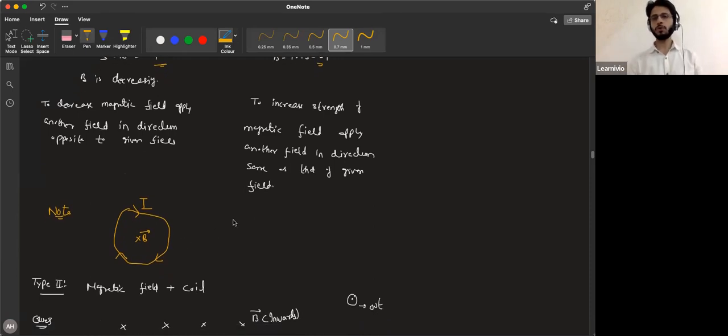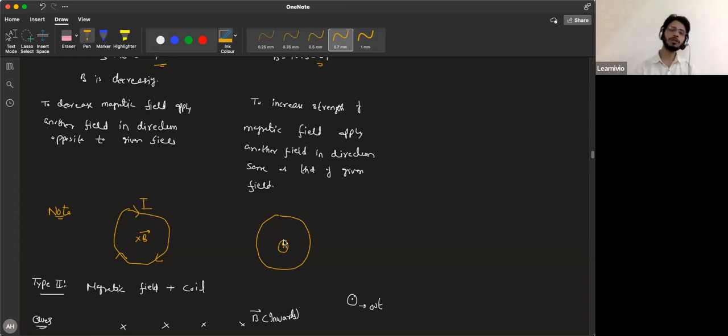Here, when you use this law in Lenz's law, the direction of magnetic field will be known. You're supposed to calculate the direction of current. Like if this is a coil, I give you the direction of magnetic field. It's given that the magnetic field is inwards. You just have to decide the direction of induced current.